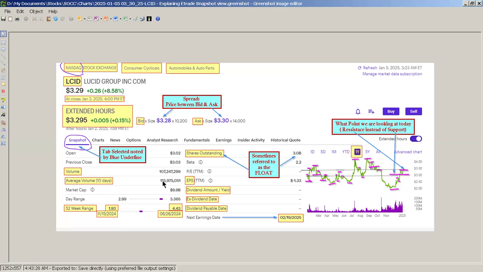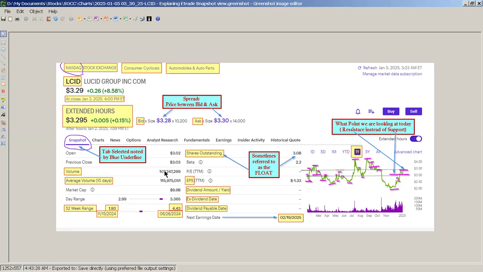So on this one, the volume is high because of something that I'm going to show you up here called the float. You'll see it called the shares outstanding. The float is how many shares are out there that people can buy and sell. So on this stock, which is Lucid, they have 3 billion shares. Because they have 3 billion shares, you'd have to ask, out of 3 billion shares, is 100 million a lot or is it low?